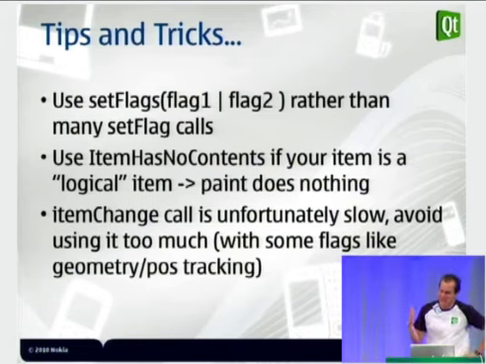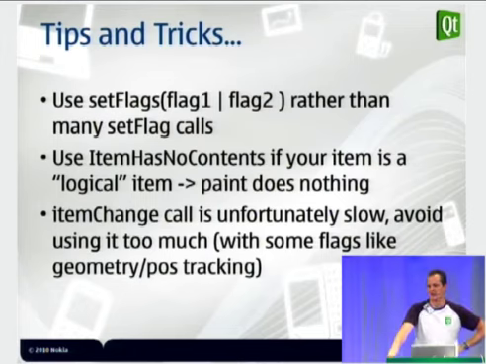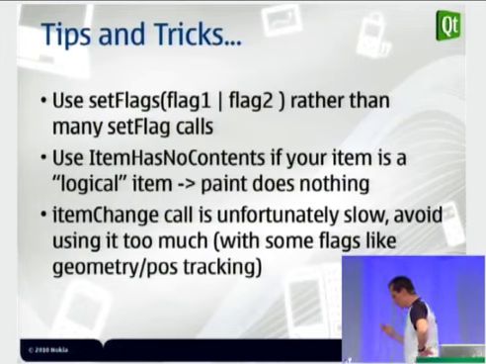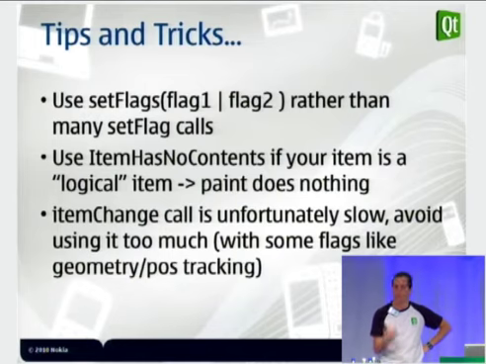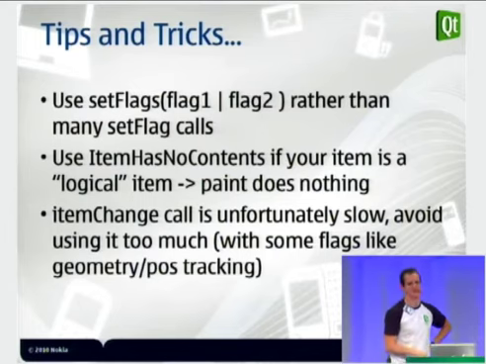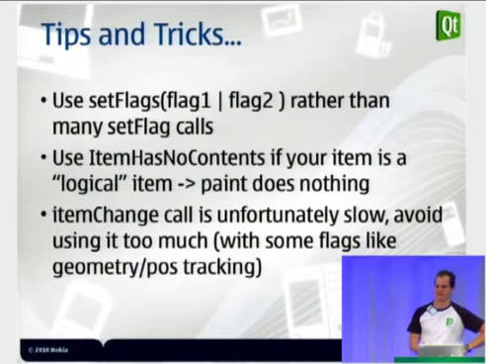So be careful, for instance, there are some flags in graphics item that send the geometry changes, the position changes and stuff like that. Be careful when you set those flags, because it will be slower, really slow.